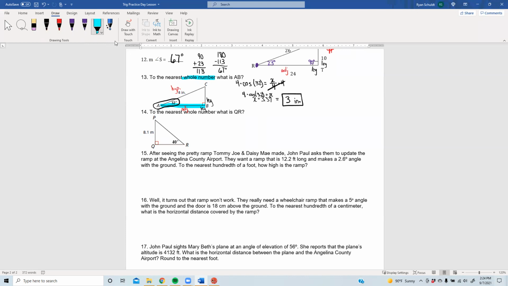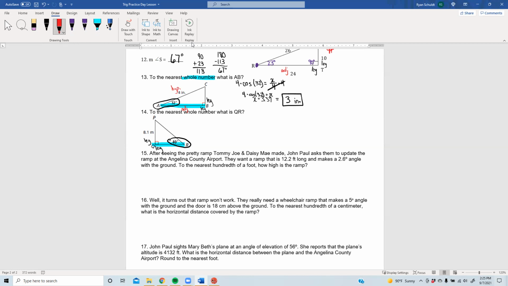Okay, 14, to the nearest whole number, what is QR? There's the side we want. Label our legs. Circle the angle given. Let's see, the side we want, how is it positioned in regards to what we're given?